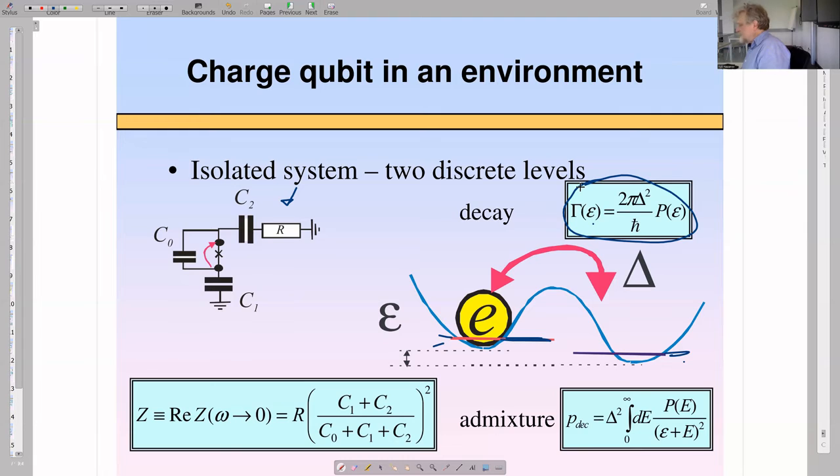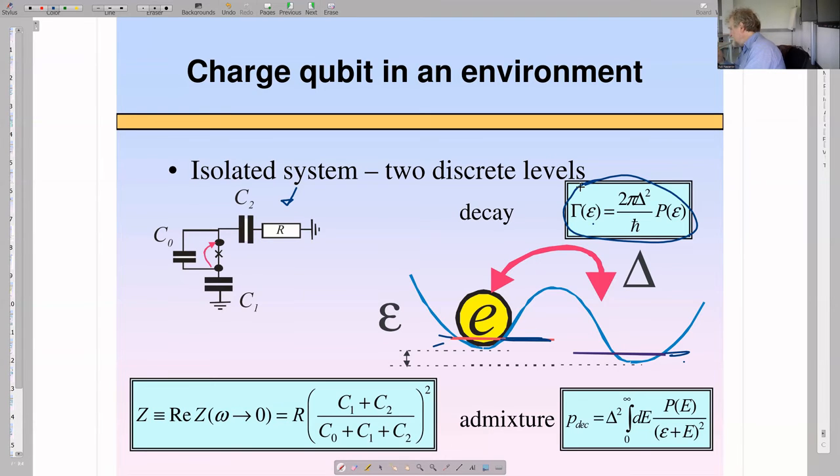Let us understand that for this transition to happen, energy epsilon should be given to the environment. The qubit should dispose energy epsilon to the environment.